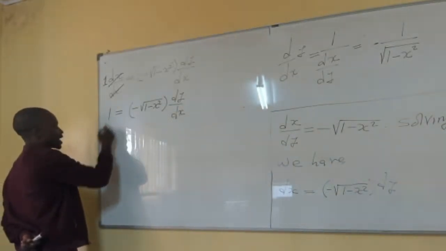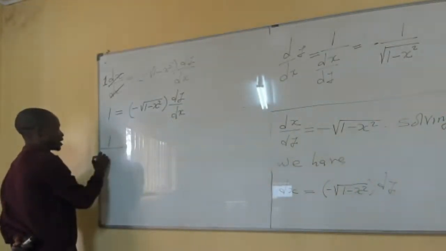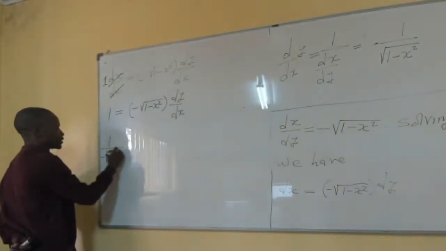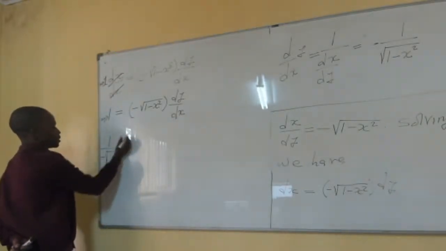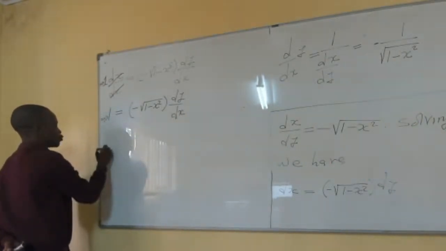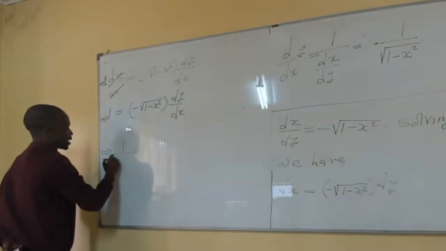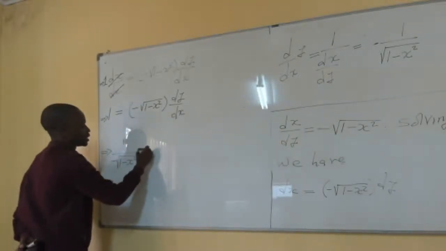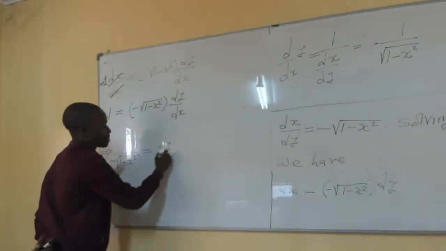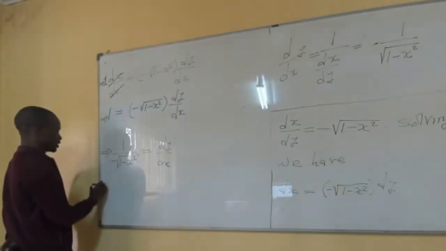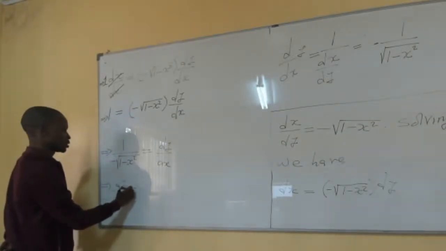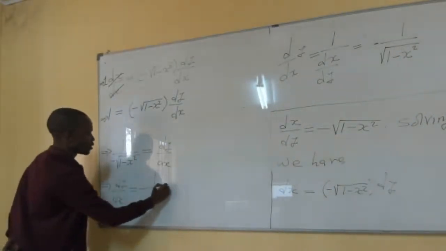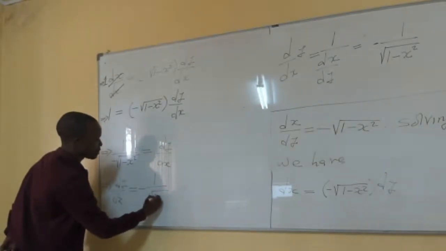So we are going to have 1 divided by the negative square root of 1 minus x squared is equal to dy dx. This means dy dx is equal to negative 1 over the square root of 1 minus x squared.